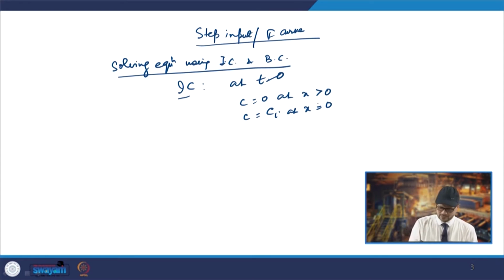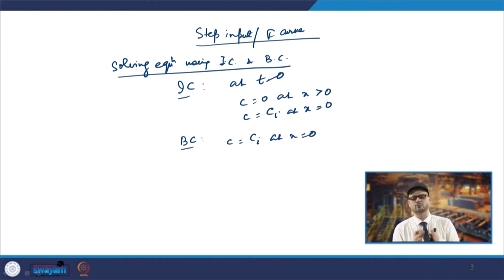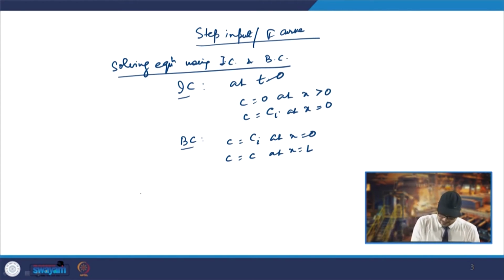And then the boundary conditions will be C equal to Ci at x equal to 0, and at x equal to L, that will be C at x equal to L. If you solve that equation with this initial and boundary condition, you get the solution as F equal to C upon Ci.